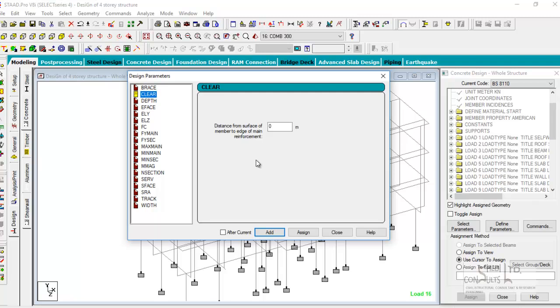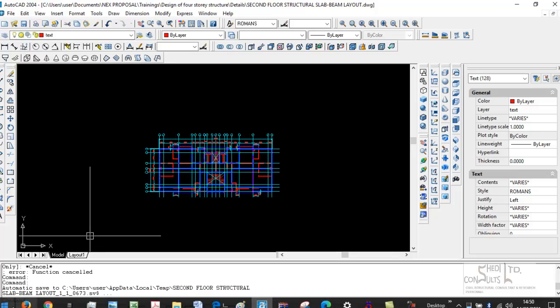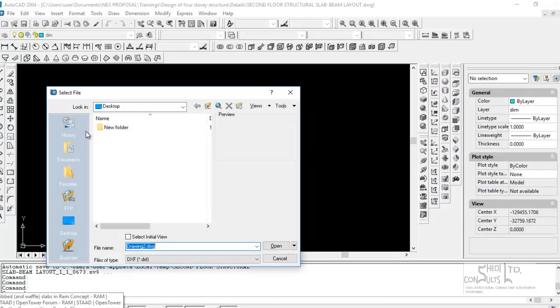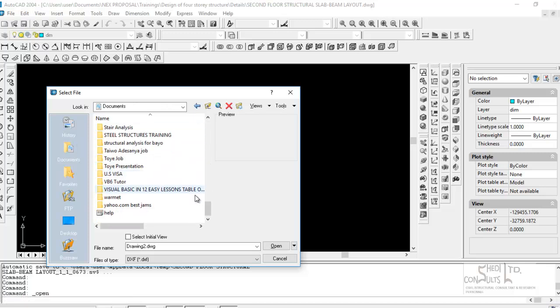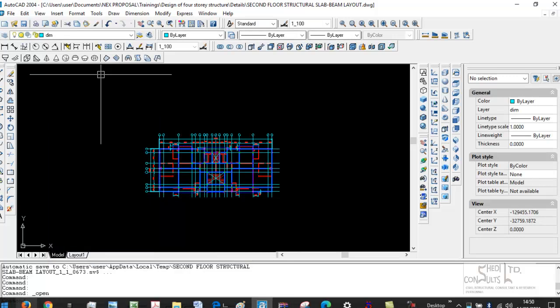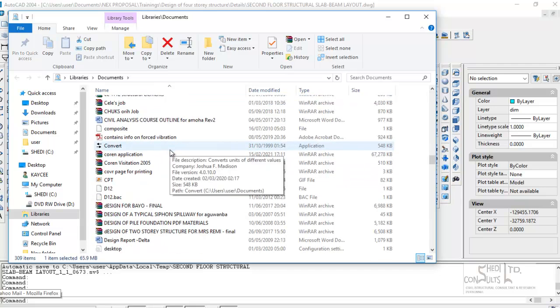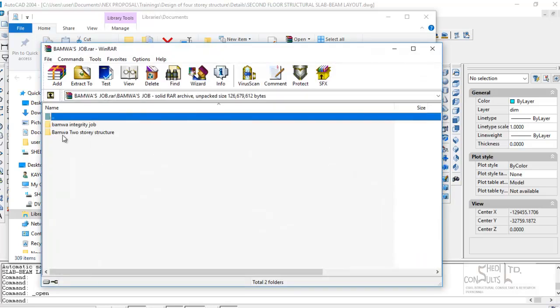The next thing, you go to clear. So clear is the distance from the surface of the member to the edge of main reinforcement. What does this mean? Let's explain what this means. We're going to use a typical structural detail to explain it.